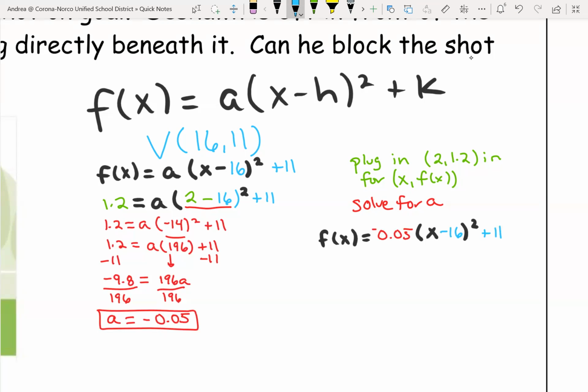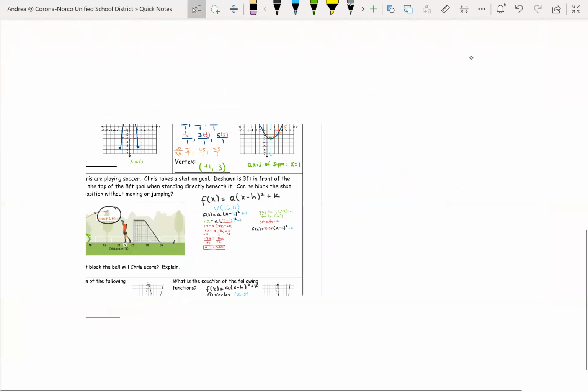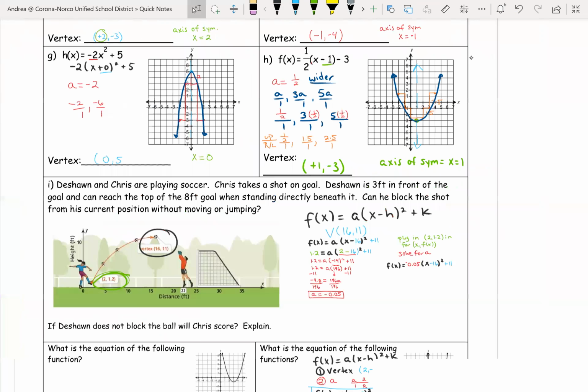I need my equation before I can do anything else. Now I can find out, what am I trying to find out at this point? Let's go back to the original question. From where he's standing, can he block the shot? So I want to know how high the ball is going to be at 22 feet.